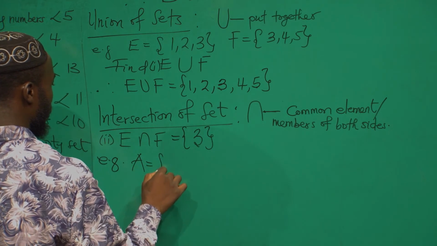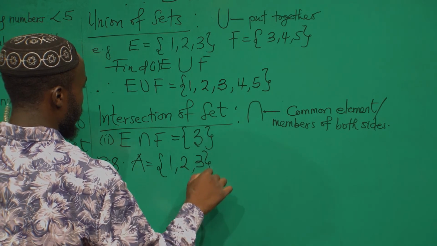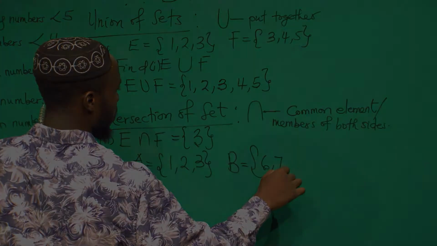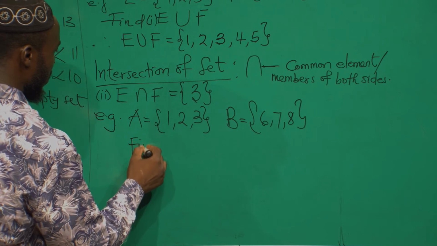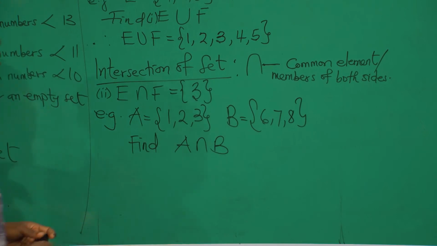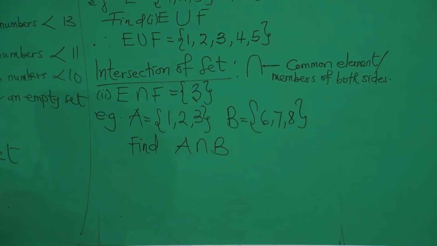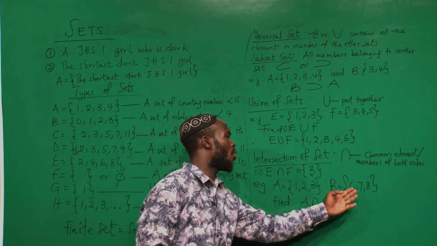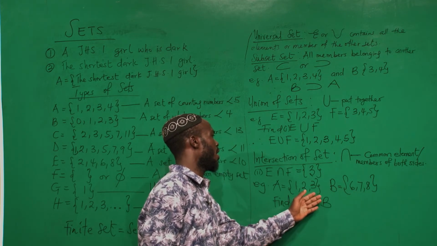Let's take another example. A: 1, 2, 3, B: 6, 7, 8. So looking at this, we said find A intersection B. When we compare the elements or the members in both sets, 1 is here, 1 is not there. 2 is here, 2 is not there. 3 is here, 3 is not there.